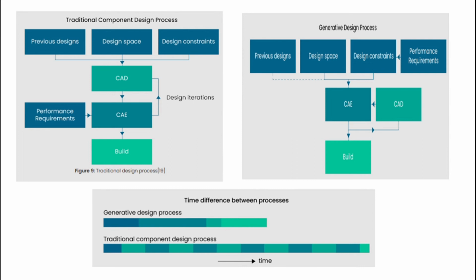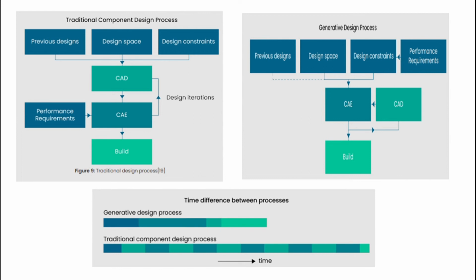So this indicates the difference in the process steps from a traditional component design process over to a generative design process. In the generative design process, as you could see, CAE is done before CAD. So the previous designs, the design space, the constraints and performance requirements are input, and அப்புறமா the CAE process is done and then the CAD process is done. Subsequently, the build process happens.